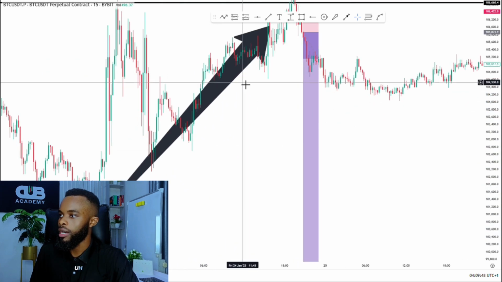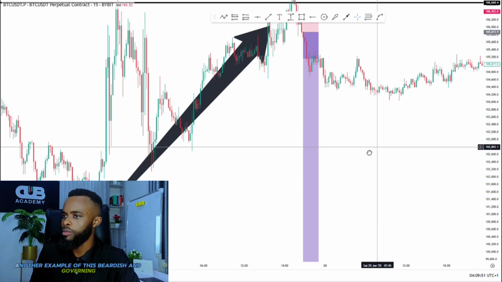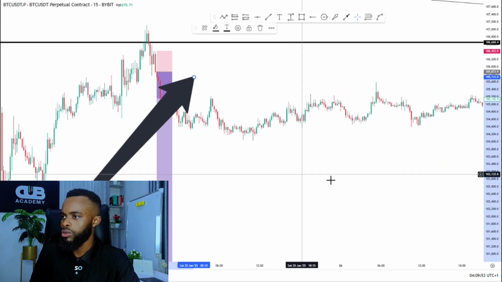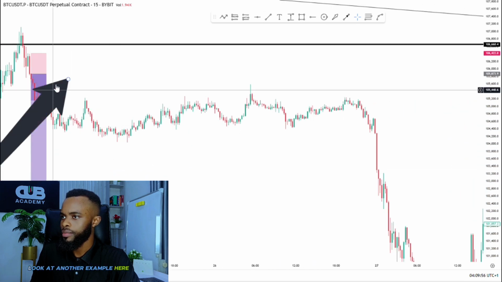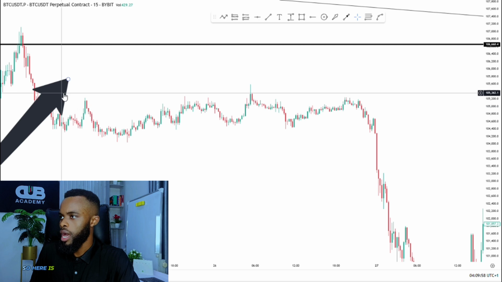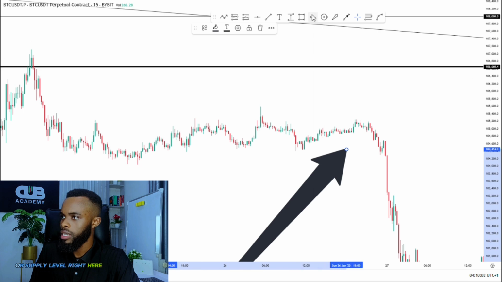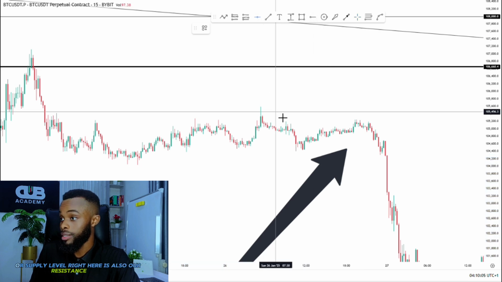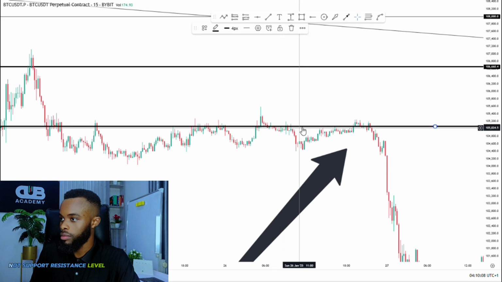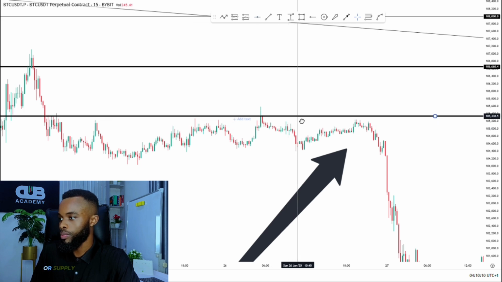So let's look at another example of this bearish engulfing before we move to bullish engulfing, right? Here is our resistance level, not support, resistance level at this zone, or supply level, right?